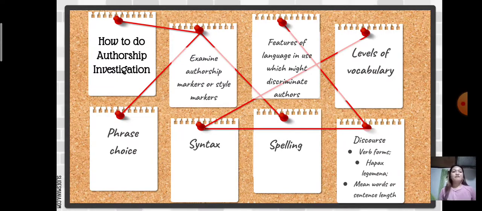Then find whether there are features in the language of the author: the vocabulary, the phrase choice, the syntax, the spelling, and the discourse used by the author, and then compare it with the written evidence.